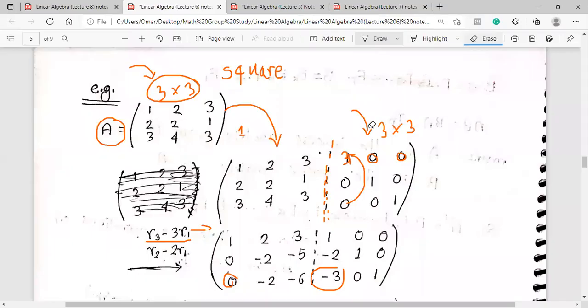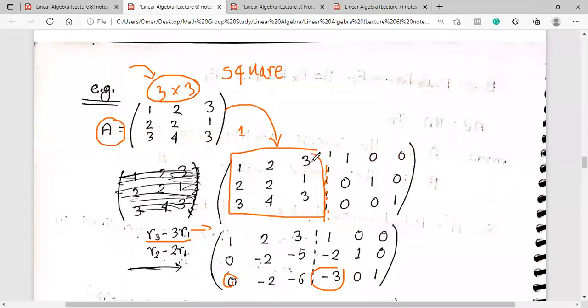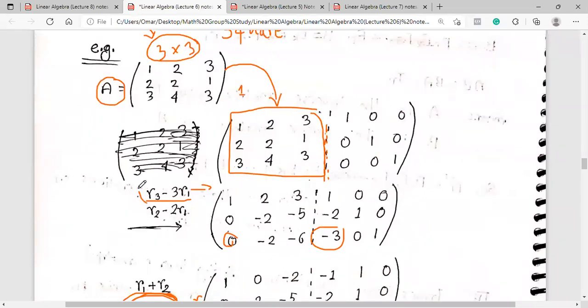Okay, see here. The same thing that I did here. I just need to continue this process. It was R3 minus 3 into R1. That means you multiply 3 with the first row, so it will be 3, and 3 multiply 0 is 0, and 3 multiply 0 is 0, okay? And then you need to subtract the first row from the third row, right?